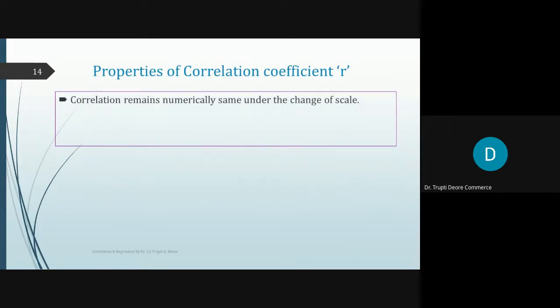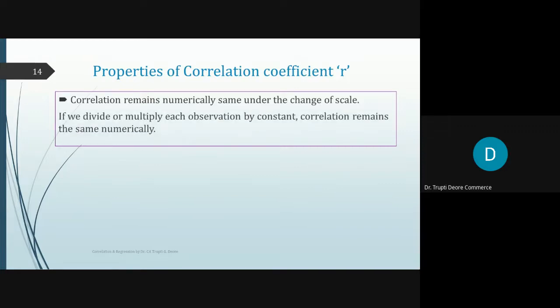Correlation remains numerically the same under the change of scale. Change of scale means if we divide or multiply each observation by a constant number, correlation remains the same numerically. It means whatever constant number you are multiplying or dividing each observation by, the correlation stays the same.